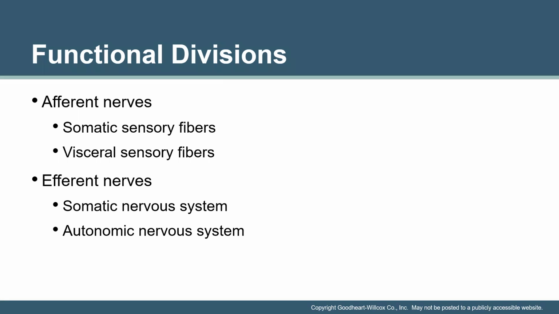Anytime we hear the word visceral, and I believe I mentioned this probably in our very first lecture, visceral sensory fibers, that's our guts, okay? Anything like our organ systems. So these afferent nerves will bring information from the wall of the body or the musculoskeletal system, as well as from the organ systems, take the information of what's going on in these regions and take signals to the brain and the spine.